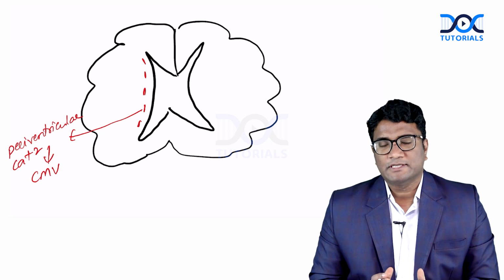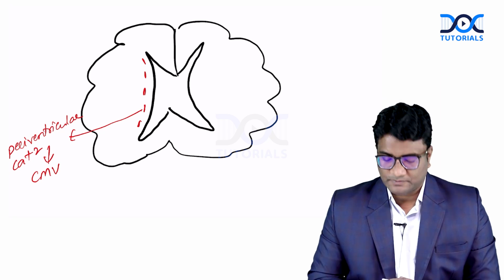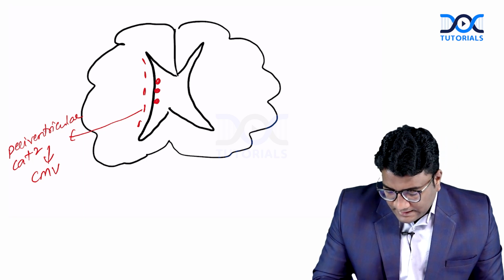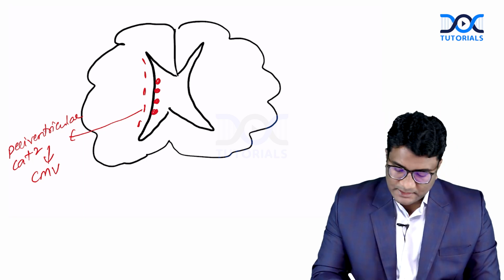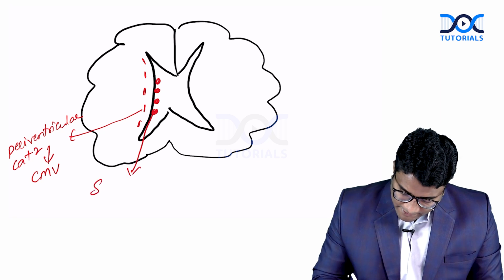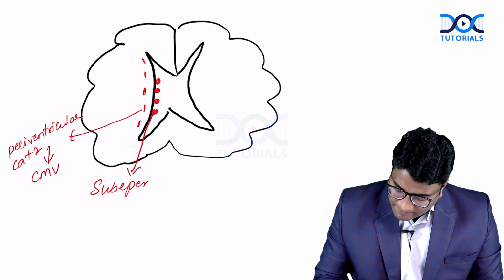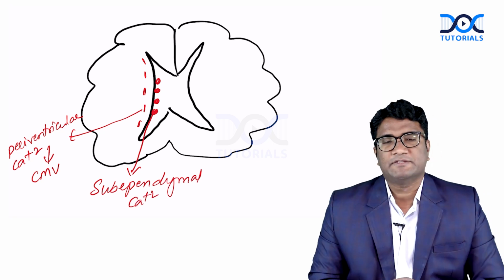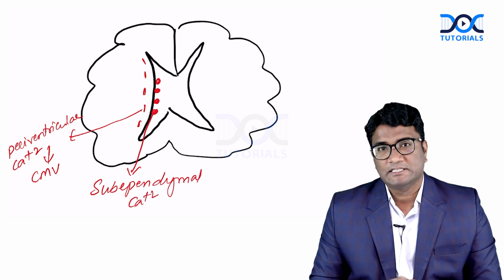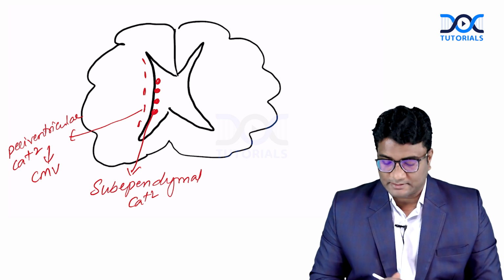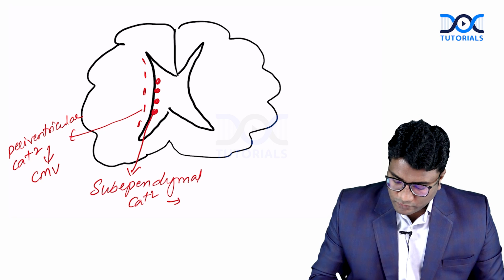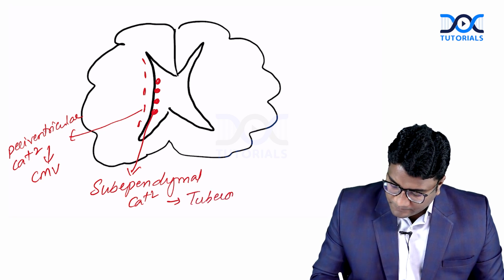Do not confuse this with subependymal calcifications. The calcifications that are along the floor of the ventricles in the form of candle drippings are called subependymal calcifications. And where do you see such subependymal calcifications, guys? Subependymal calcifications in the form of candle drippings on the floor of the ventricle, on the ventricular side, are suggestive of tuberous sclerosis.